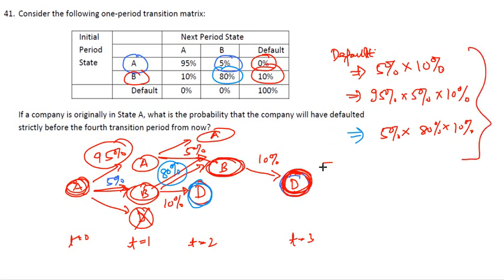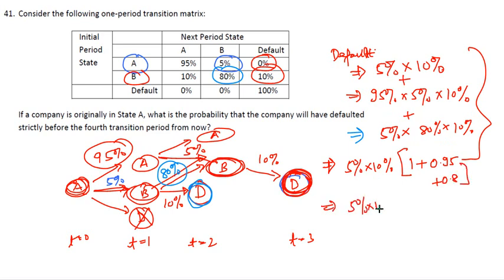What we require to compute is this: note that you have to add all these three, because it is this or this or this. So I can say that 5% into 10% can be taken as common. So you have 1 plus 0.95, and then plus 0.8. So this will give you 5% into 10% into 2.75.